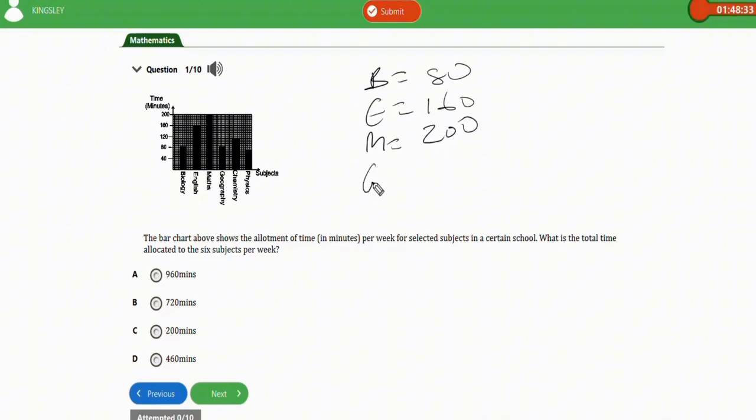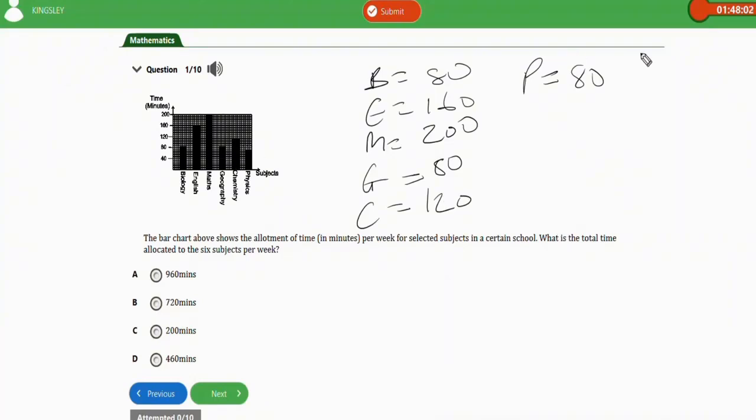Our geography is also 80 minutes. Then we have our chemistry, which is 120 minutes. Our physics is also 80 minutes. These are the values for the minutes per subject.